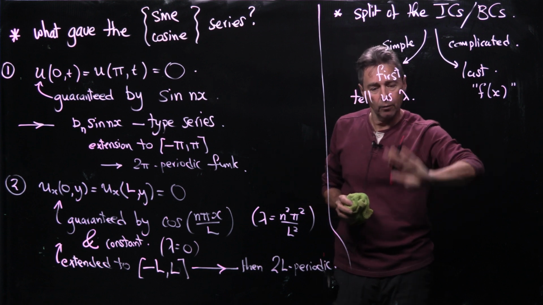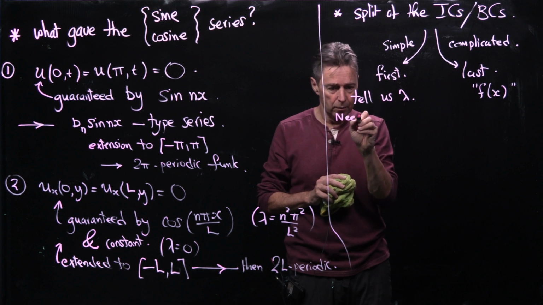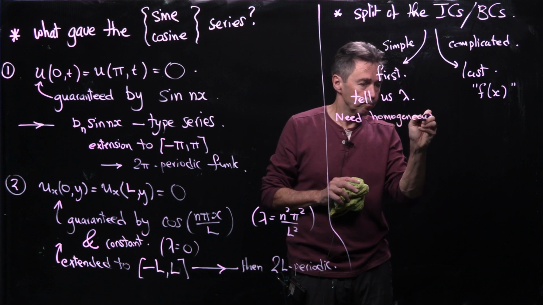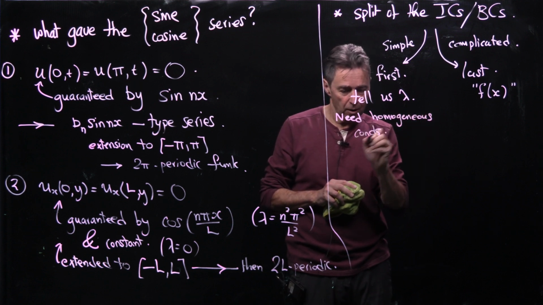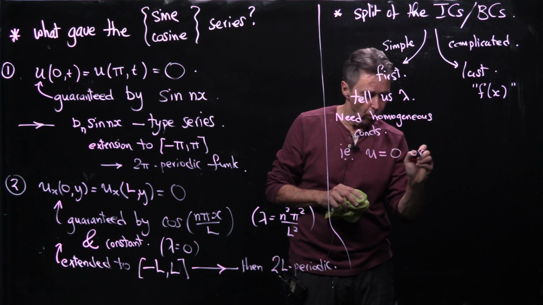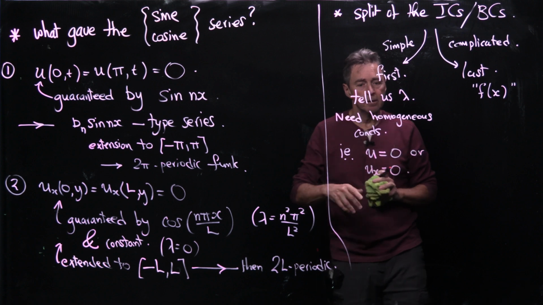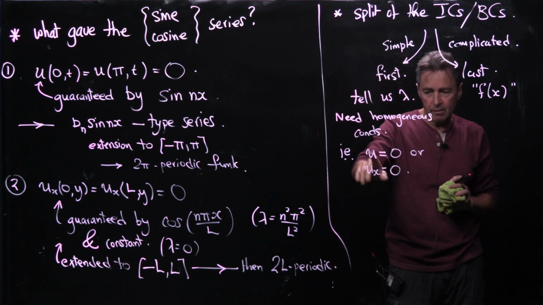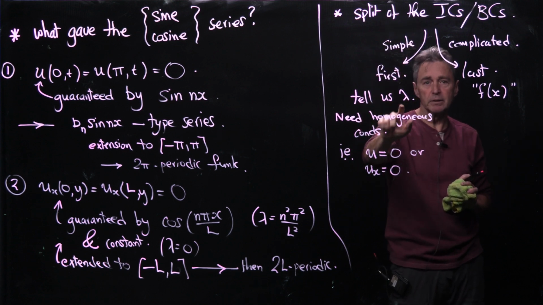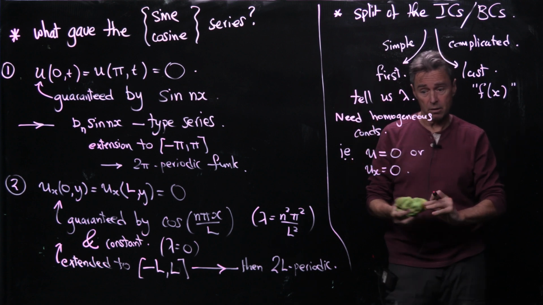Now, in order for this to be true, you need homogeneous conditions, i.e., you need u to be 0 or ux to be 0. If that's what you have, then you can use these conditions first and they will tell you lambda. If you have something on the right there, something else, it doesn't work.